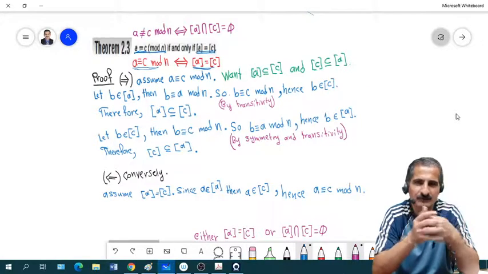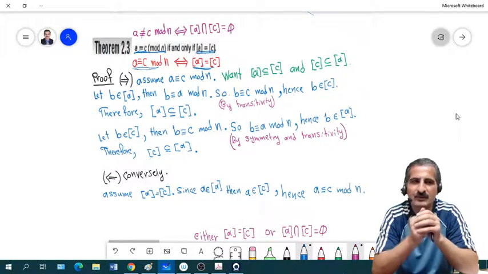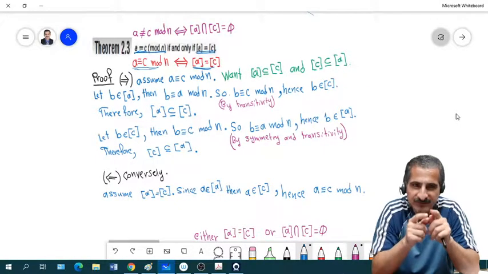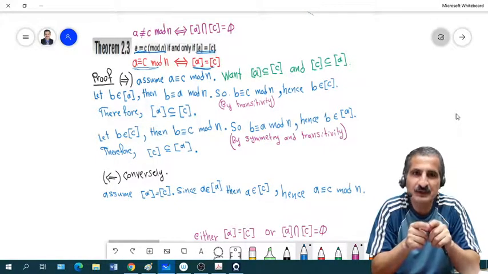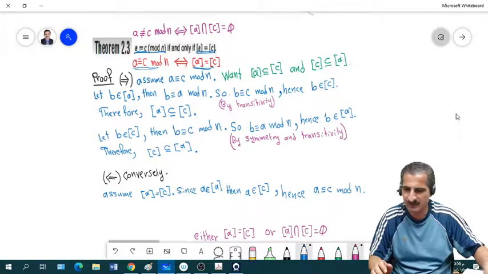I will say it one more time differently: two elements live in the same congruence class modulo n if they are congruent modulo n. Okay, so now let's go and prove it.